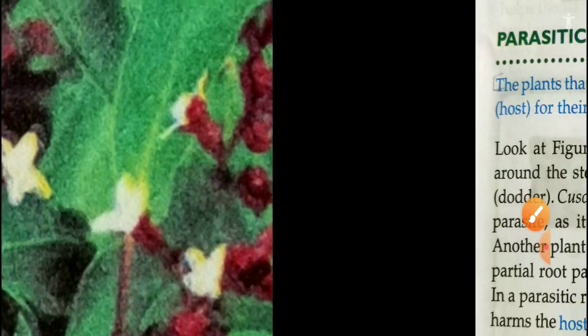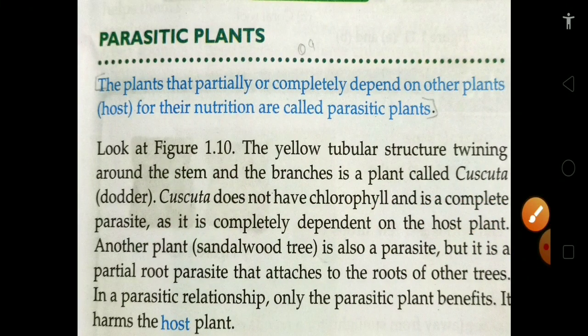The second example is sandalwood. The roots of the sandalwood tree are partially dependent, so it is known as a partial parasite. Cuscuta is a complete parasite, and the root of the sandalwood is partial.